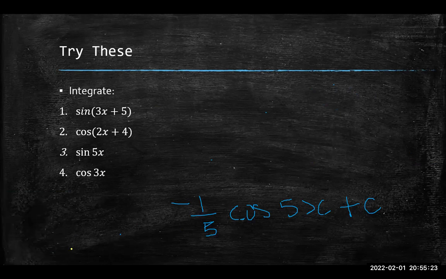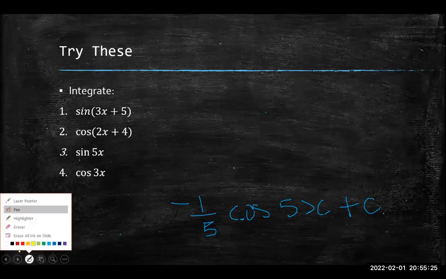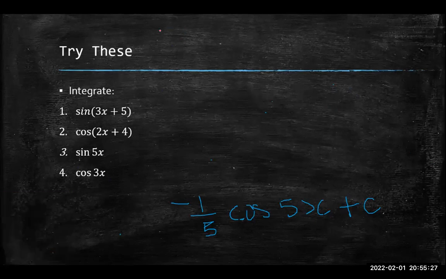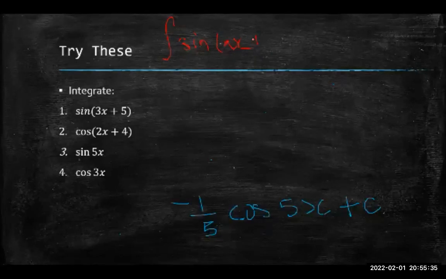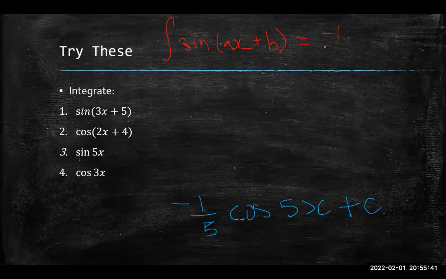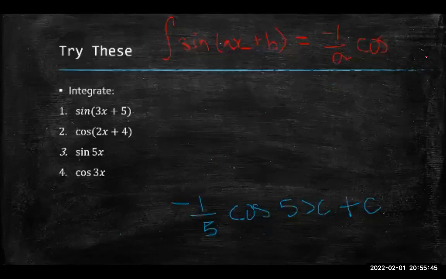Right. So I see sine here, so I know the rule that I'm applying for the trig would be this one. The integral of sine ax plus b is equal to minus 1 on a, cos same angle, so the same ax plus b, plus c.